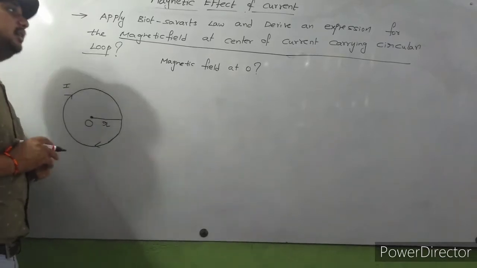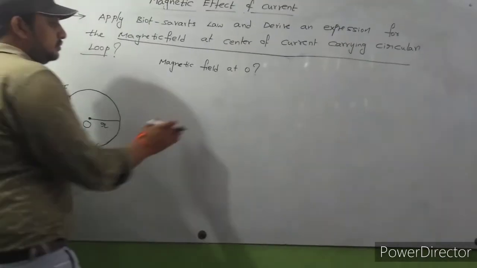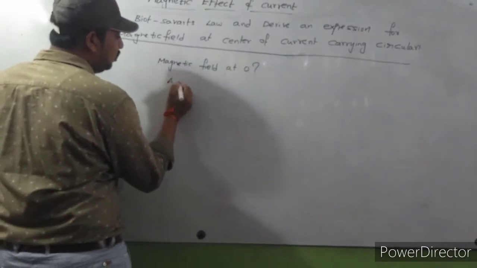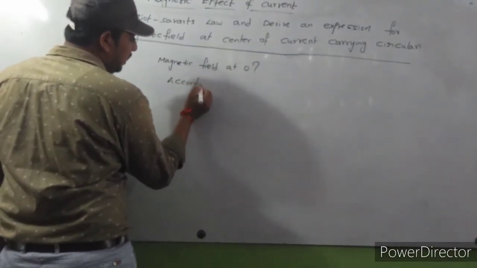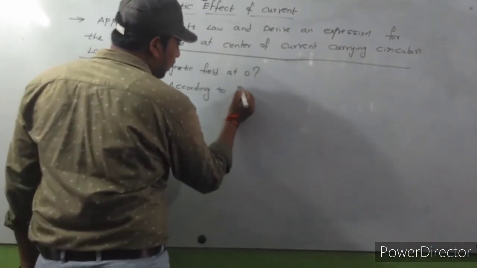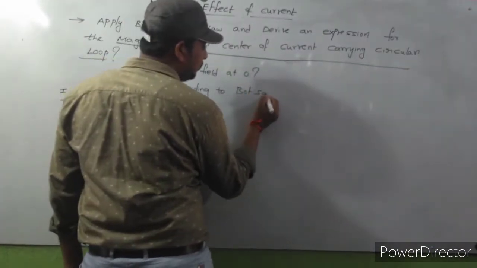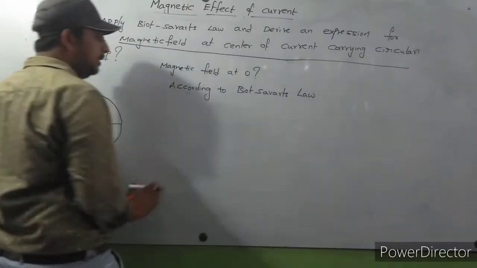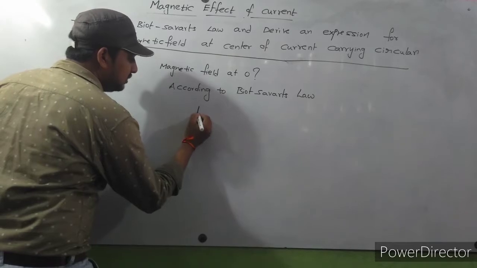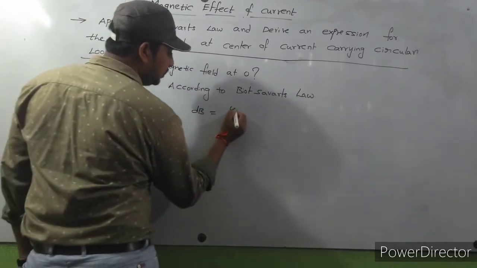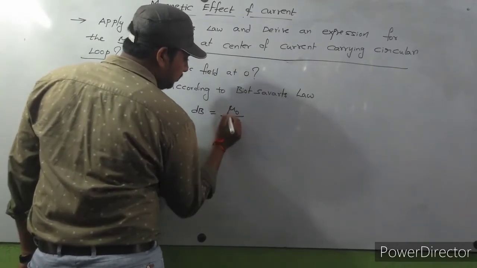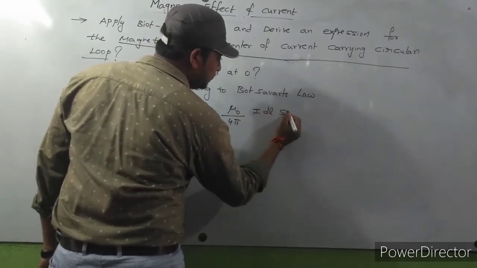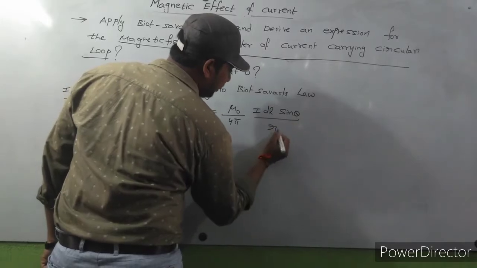So how to find that? The magnetic field at O we can find by using Biot-Savart's law. According to Biot-Savart's law, the formula is dB is equal to mu naught by 4 pi into I dl sin theta by R square.